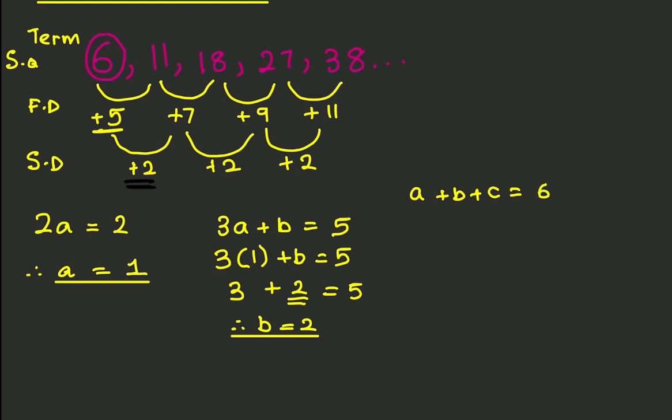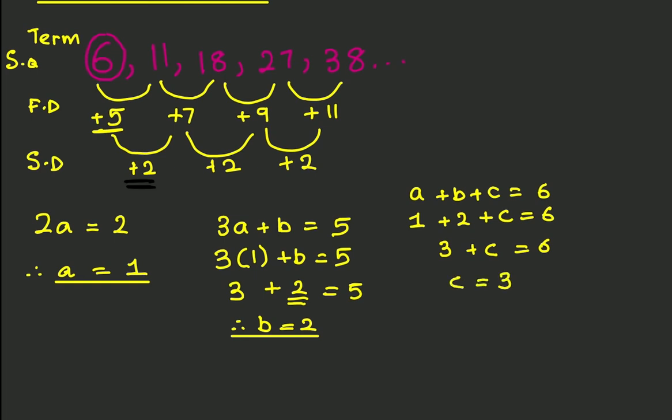As we know, a is 1, b is equal to 2, and c is unknown. So 1 plus 2, 3, plus c is equal to 6. Now let's solve for c, and c is equal to 3.